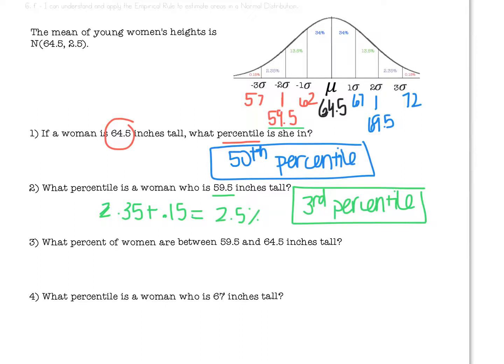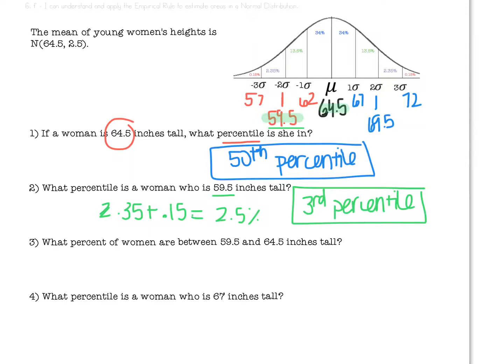All right, what percent of women are between 59.5 and 64.5 inches tall? So I'm going to show you a couple different ways that you can answer this question, and whichever way makes sense to you, that's the way you need to choose. So we're looking between 59.5 and 64.5.